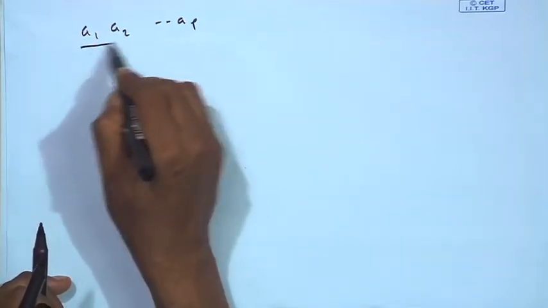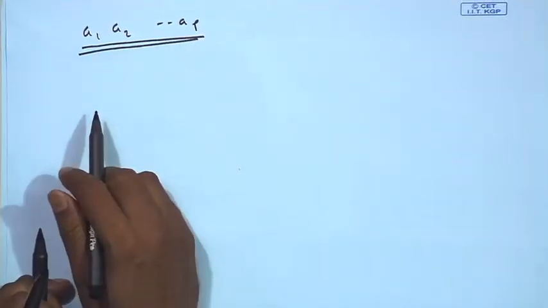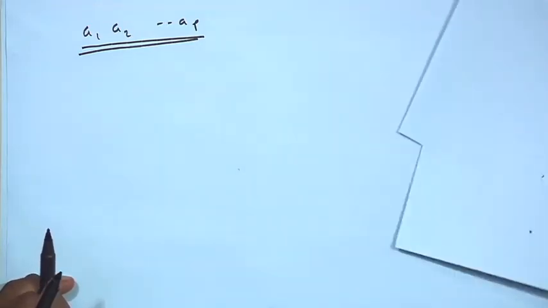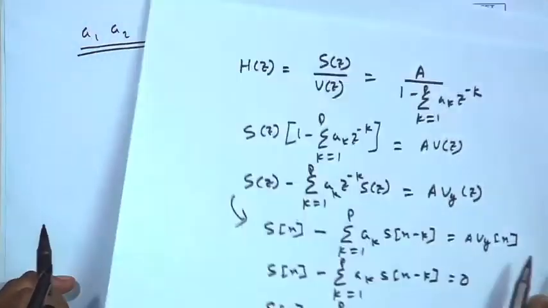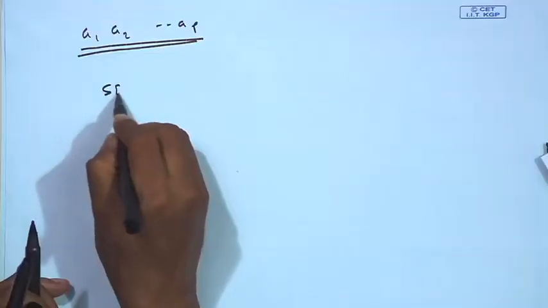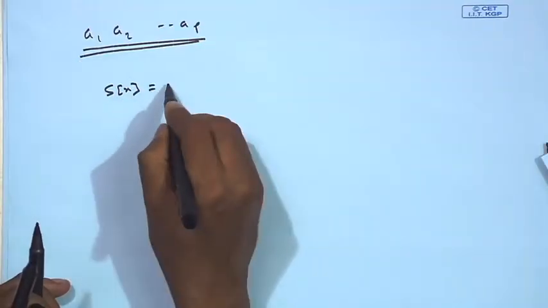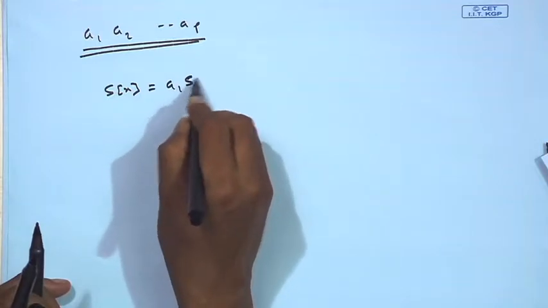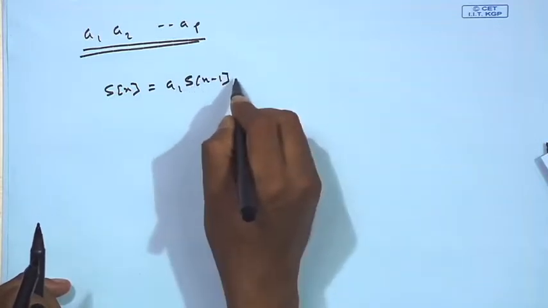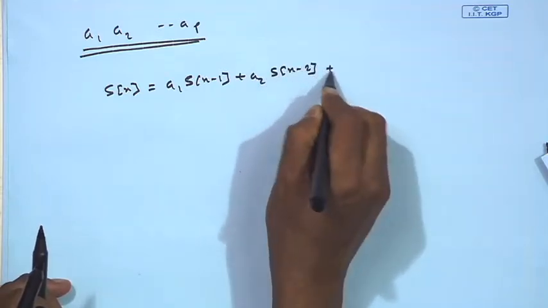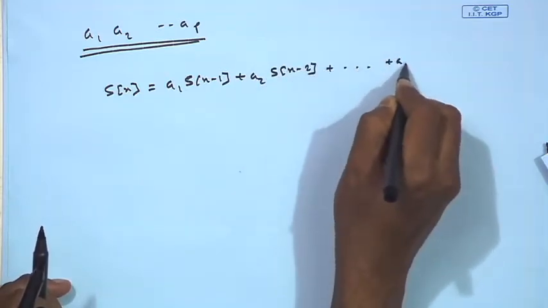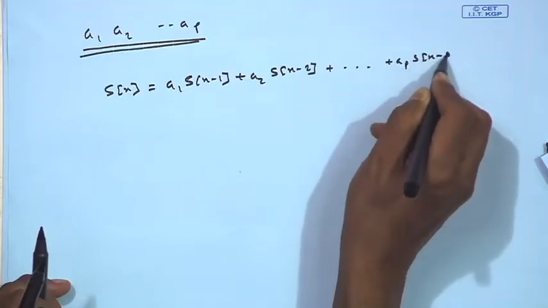So, how do I estimate these values? If you see this equation, I have only one equation, where I can say S[n] is equal to A1 S[n-1] plus A2 S[n-2] plus dot dot dot plus AP S[n-p].